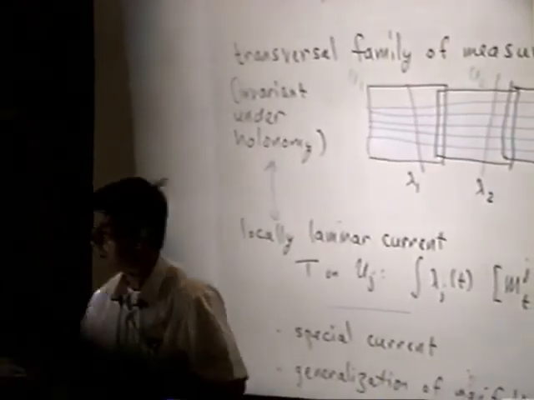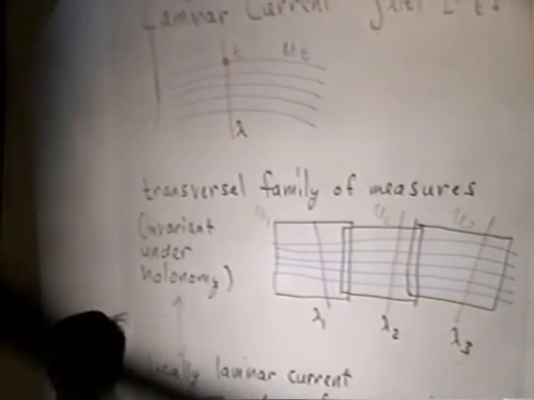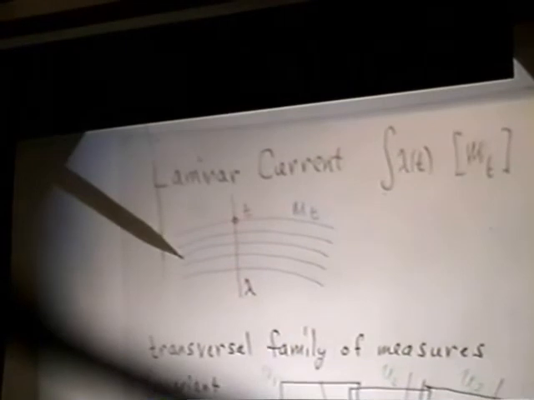So the currents we're going to be working with are going to be laminar currents. What that means is, in this particular case, I've drawn a little piece of a lamination. I've drawn a transversal in red.